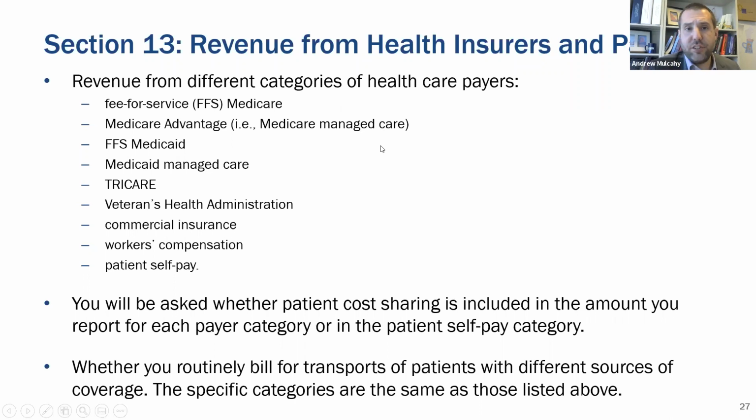One common question, particularly through the pandemic, is how to report information on healthcare services that aren't ground ambulance specifically. So vaccine clinics, community paramedicine, other medical services more broadly. There's a set of instructions in Section 13. If you can, this bank of questions asking for a breakdown of revenue by payer should be specific to ground ambulance services, which are narrowly defined as transports and other payment in response to EMS calls for service.